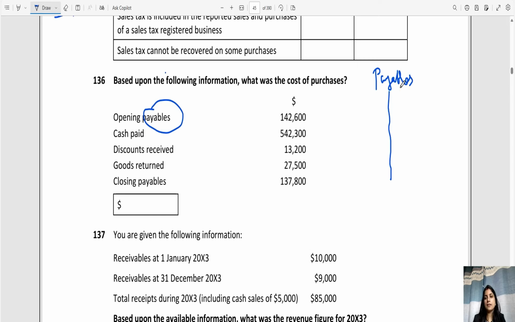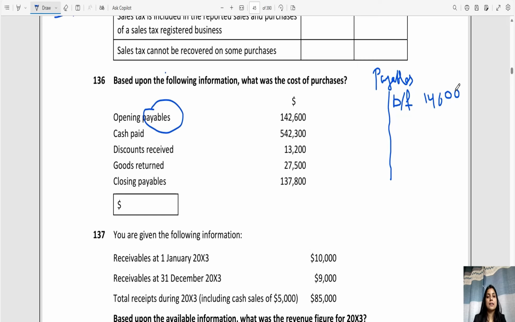The opening balance should be on the credit side because it's a liability, and increasing a liability means it should be posted on the credit side. So what's the amount? It's 14600.